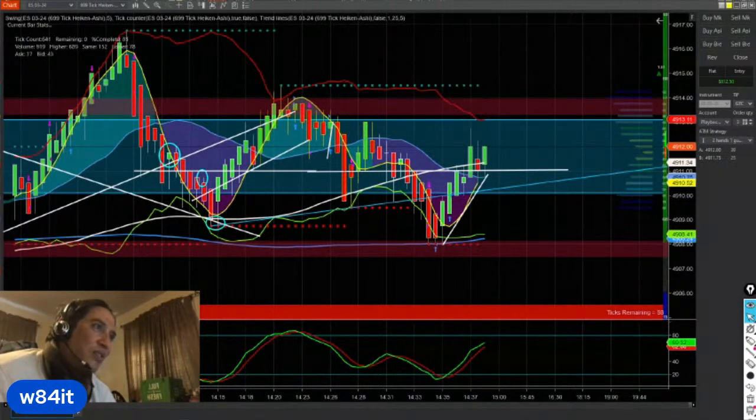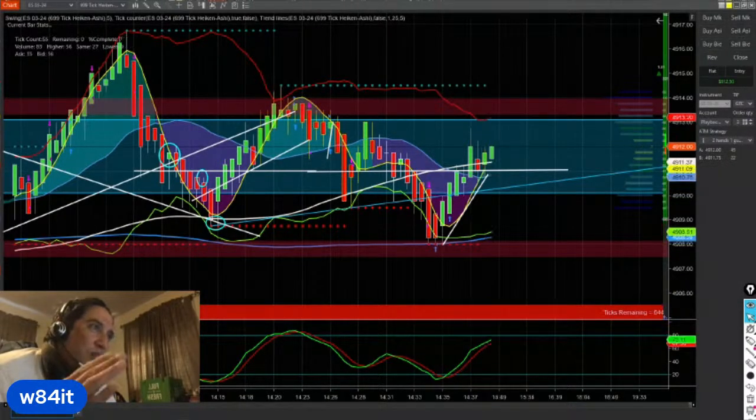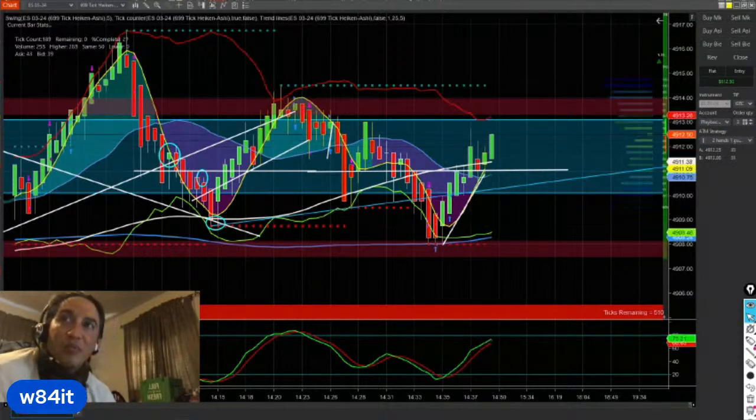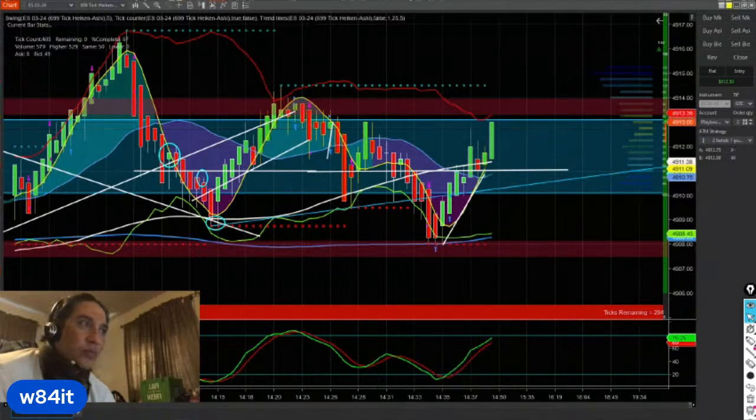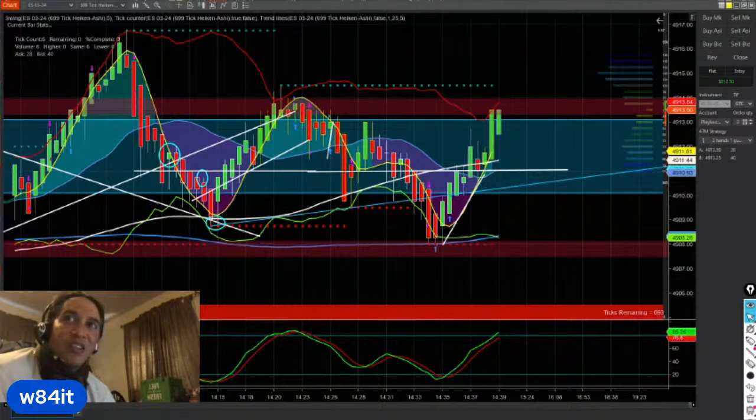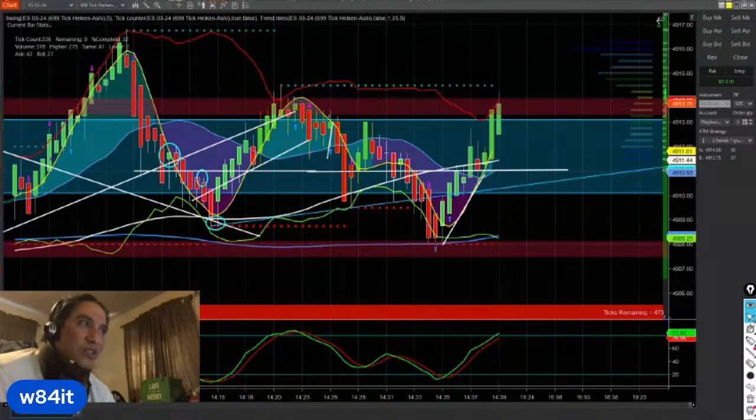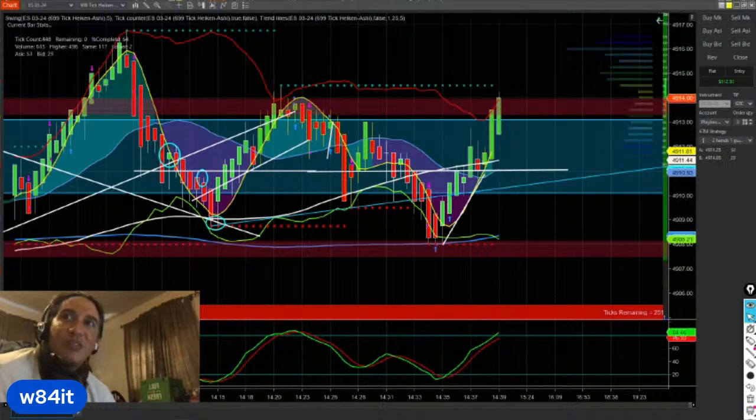And then should try to fail right here or make its way all the way back up. All right, touching. Still not higher than the last move though. Could totally go red right here and just start dropping.